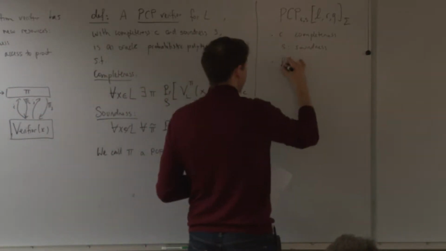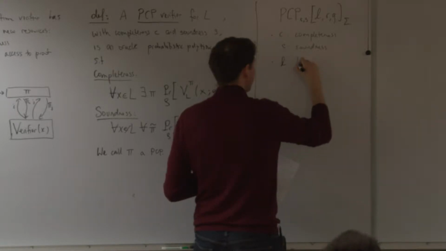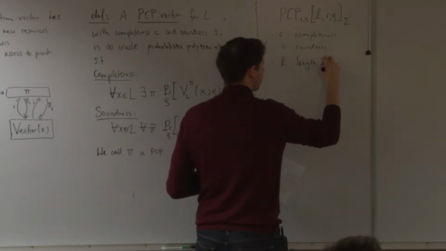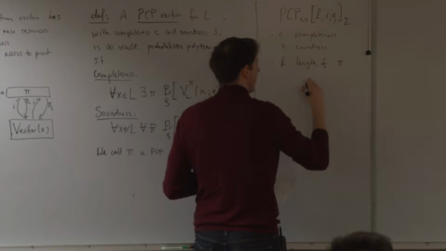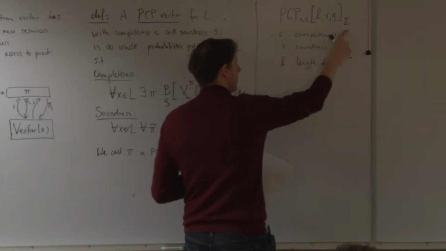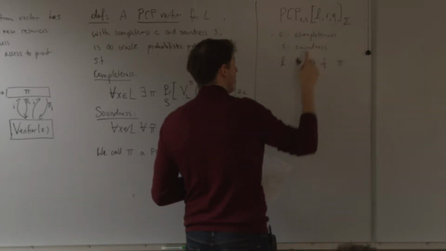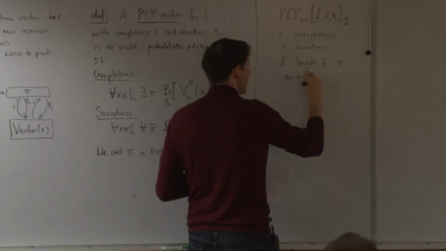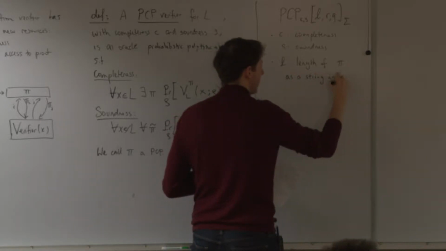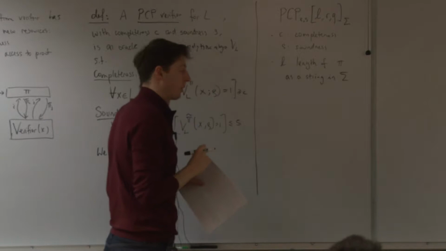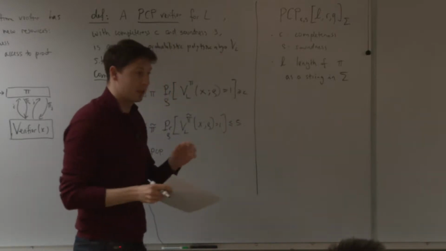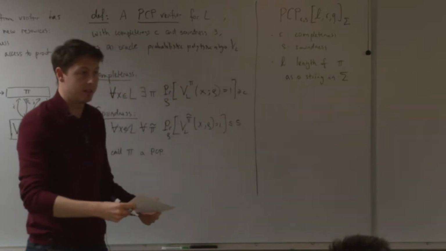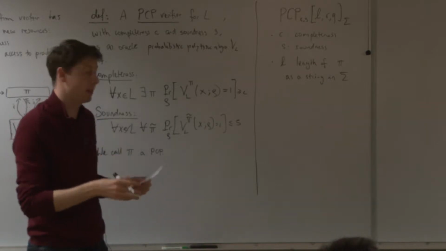So L is going to be the length of pi. But then we also have an alphabet symbol. We have an alphabet here, so the proof is a string in sigma. We will discuss not just binary alphabets, but larger alphabets as well.